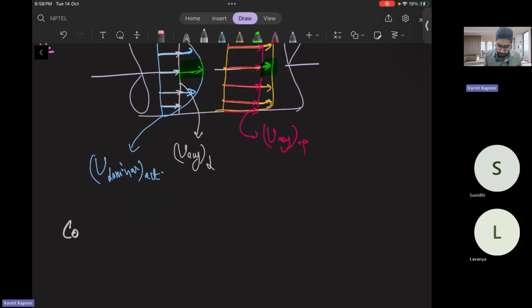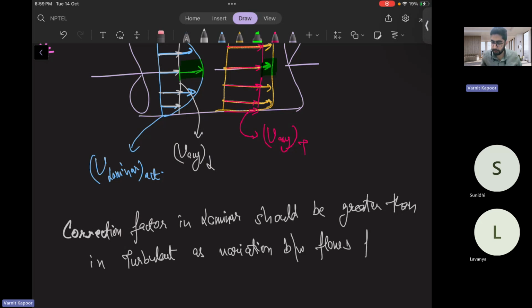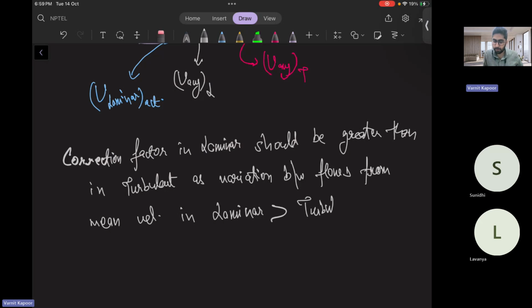So the correction factor in laminar should be greater than in turbulent, as the variation of flow from mean velocity in laminar is greater than in turbulent.